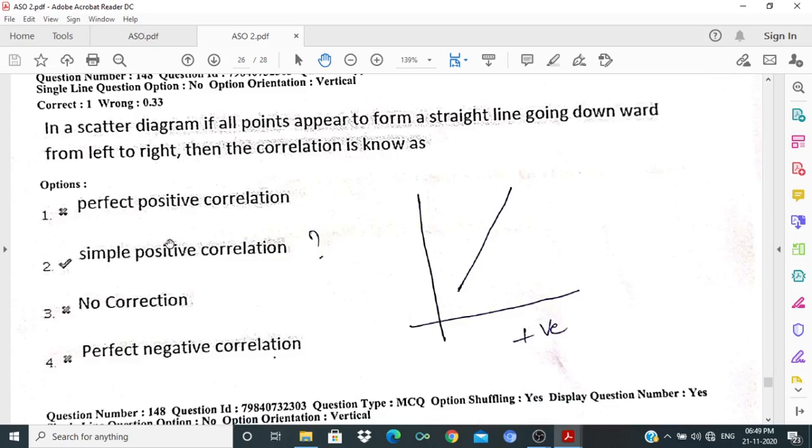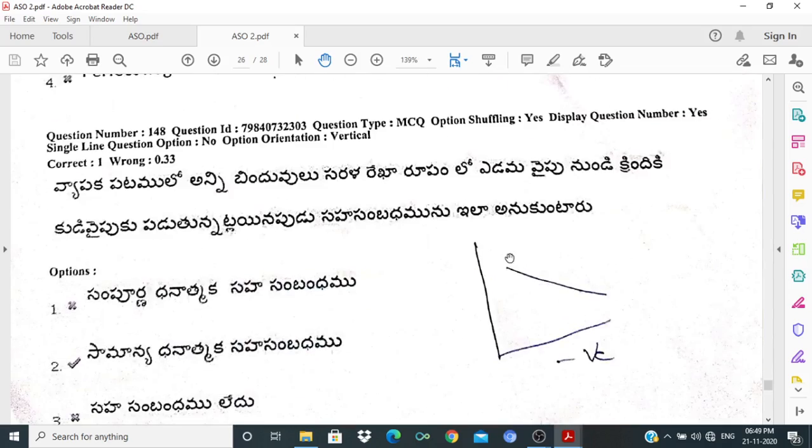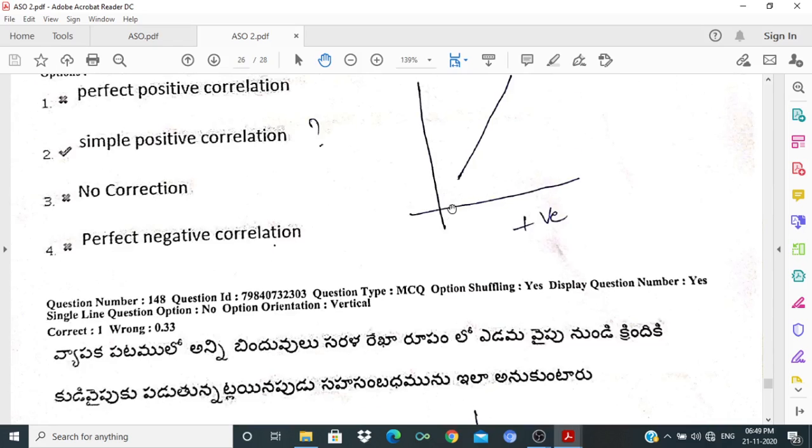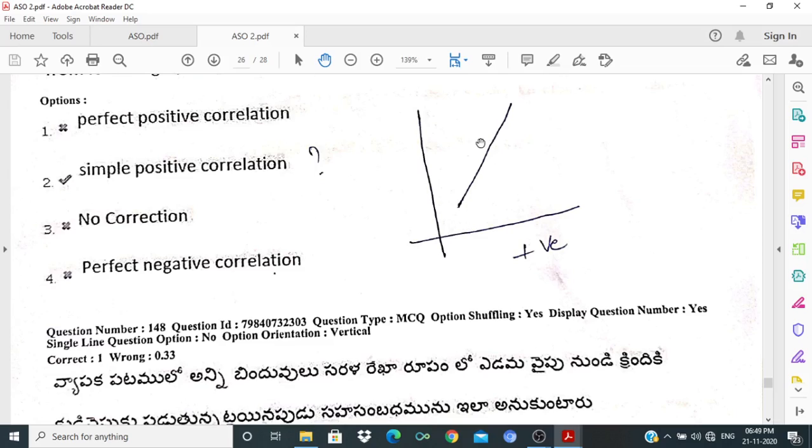Scatter diagram: if all points appear to form a straight line going downward from left to right, here one variable is increasing and the other variable is decreasing.